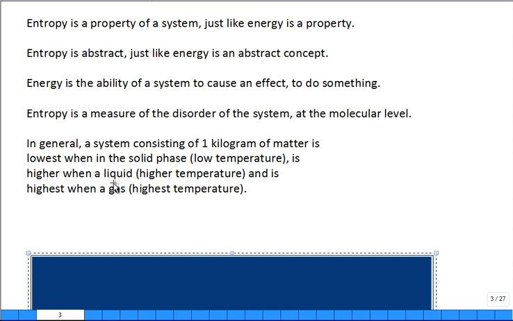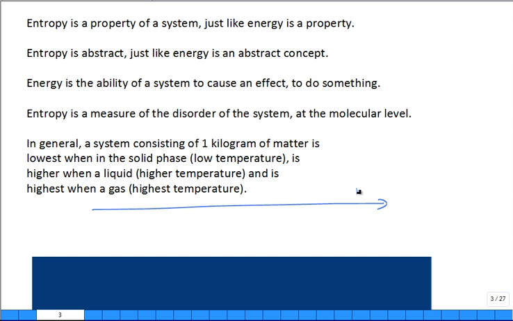That's a general trend, so you get increasing entropy: solid, liquid, vapor. It's a measure of molecular disorder that goes up from solid to liquid to vapor. Notice it's closely related to temperature, but entropy is not solely dependent on temperature.